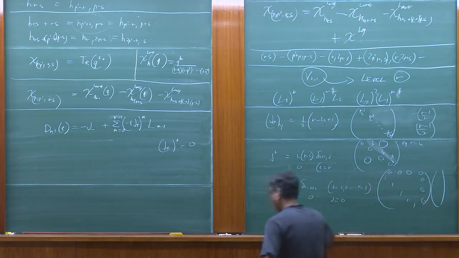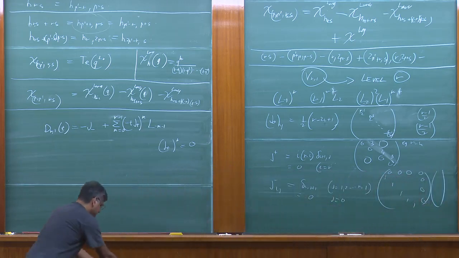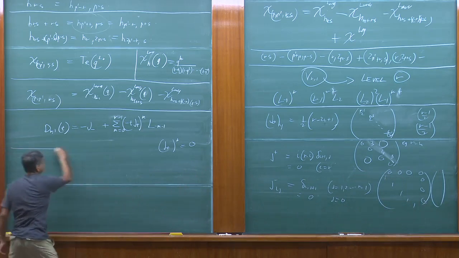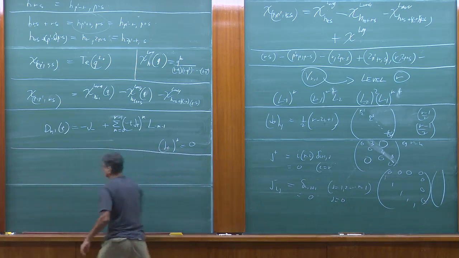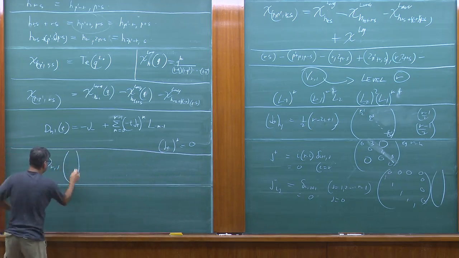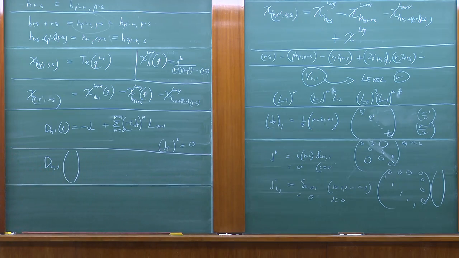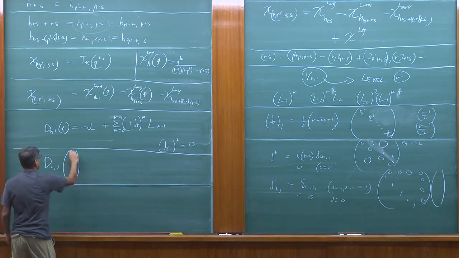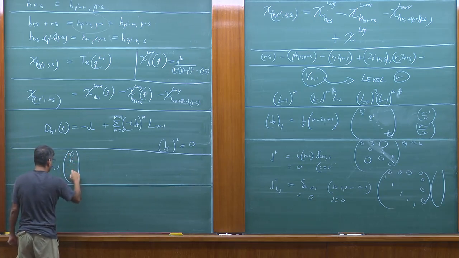Now, we ask the following question. We take this D R comma 1 and let it act on R states, which we will call f1, f2 up to fR.